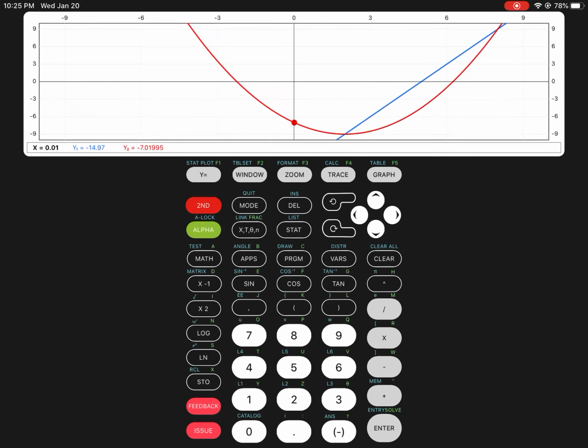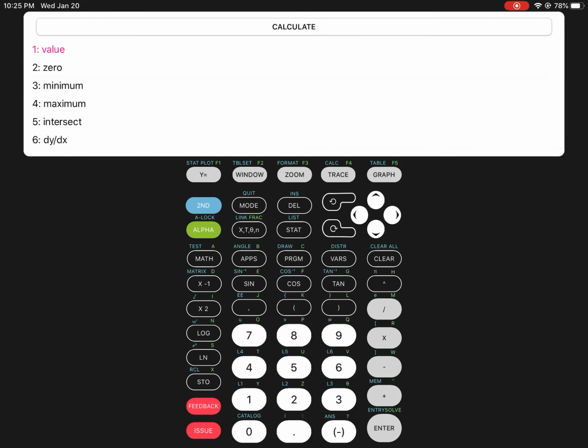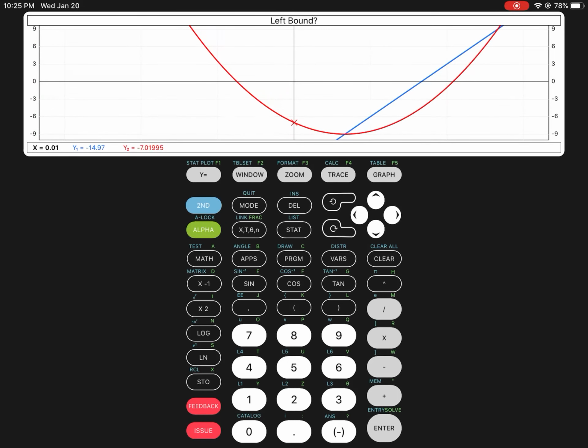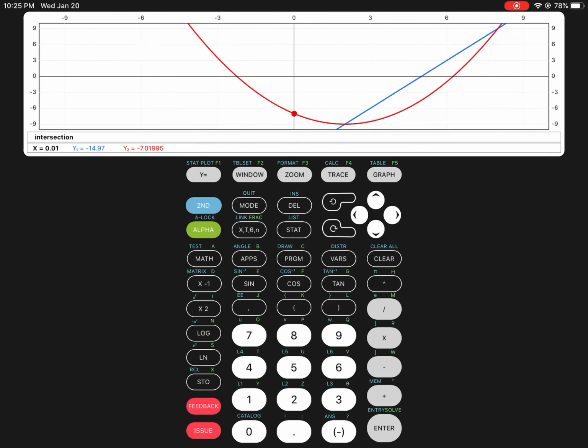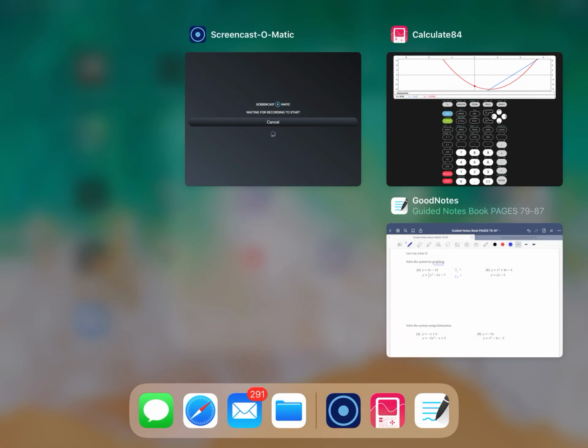So we push second, trace, and it takes us to a calculate menu. We can calculate the intersection. So if you push number 5 on your TI-84s, it will ask you to identify the first and second curve. Basically, you just push enter, enter, enter, and then it identifies the intersection for you.